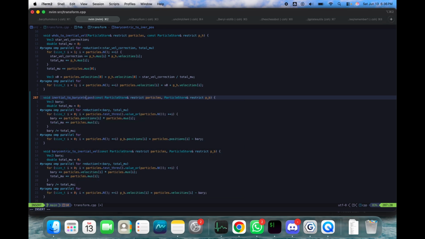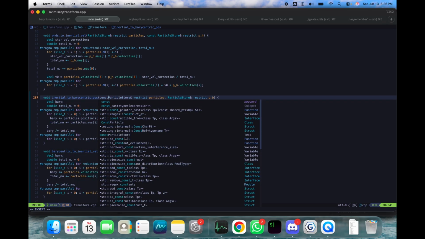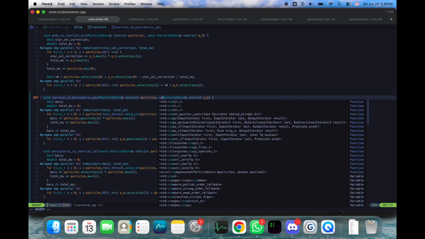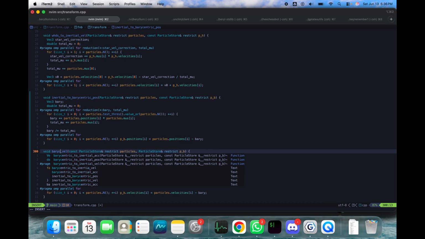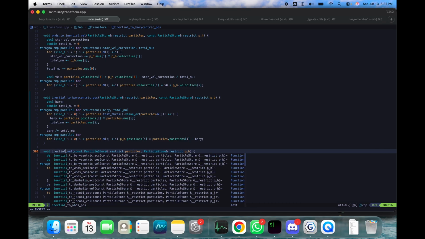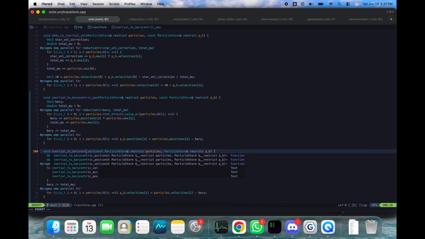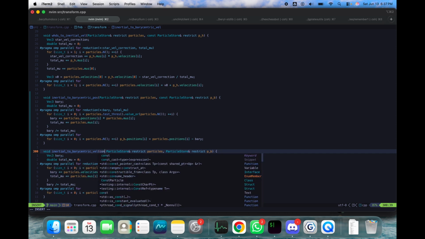Inertial to barycentric. I'm gonna have to do this, or all of these. Okay. Inertial to barycentric.